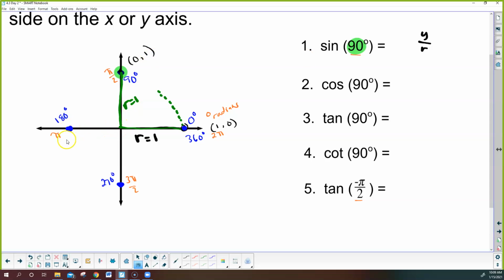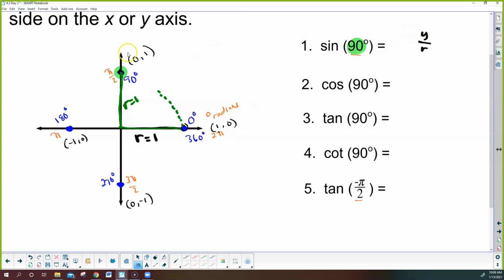This dot is at the spot go over -1, up 0. And then this spot is go over 0, down 1. So notice, those locations still have an xy pairing. We know what x is, we know what y is.